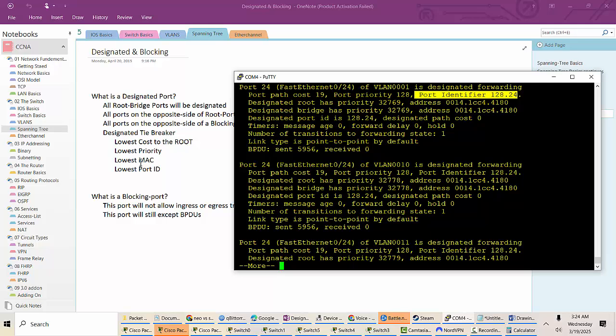Now, as we are determining who is the root bridge, we're going to go with the lowest bridge ID, which is the priority plus the actual MAC address. That means we're looking at the MAC address of the actual switch, and whoever has the lowest MAC address becomes the root bridge.